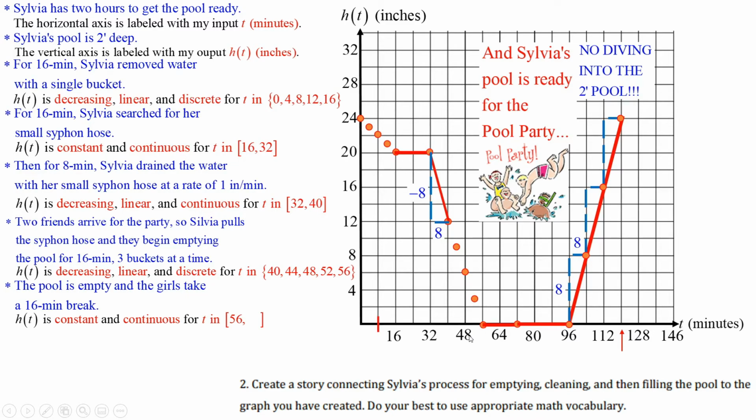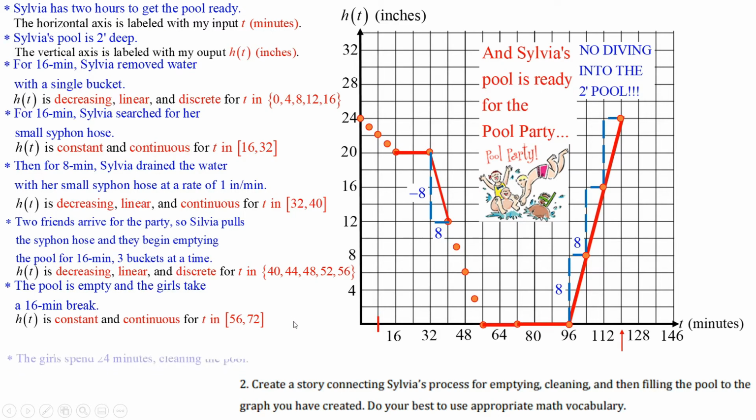Let's find out. Now, every hash mark is 8 minutes, so that's 64. No, that'd be 72 right there. So 56 to 72. So t is in the closed interval from 56 to 72, which means t can equal 56, t can equal 72, and t can equal anything in between those two numbers right there.